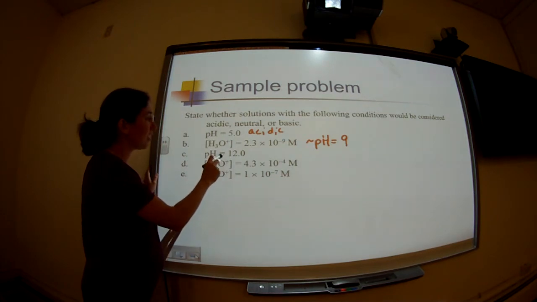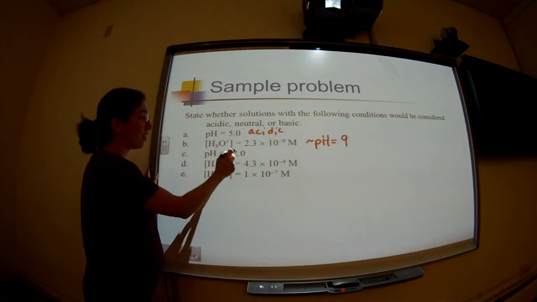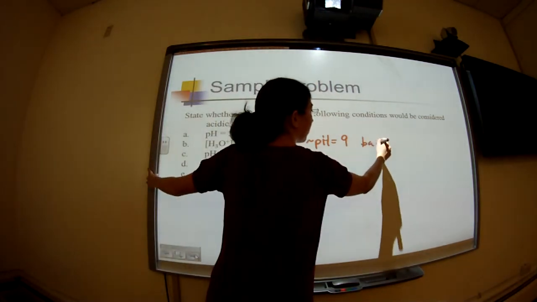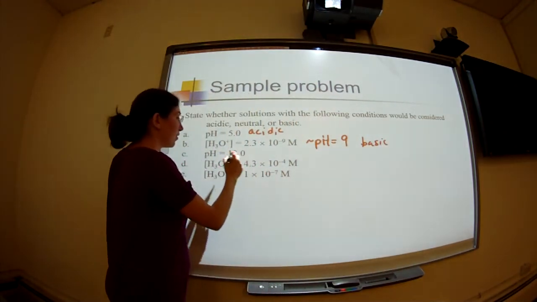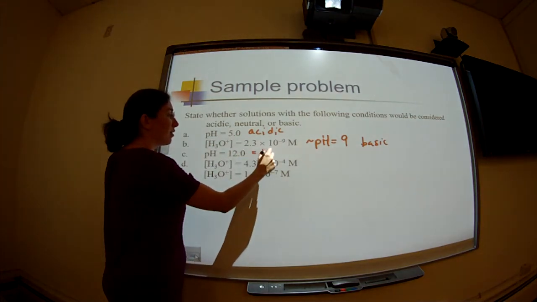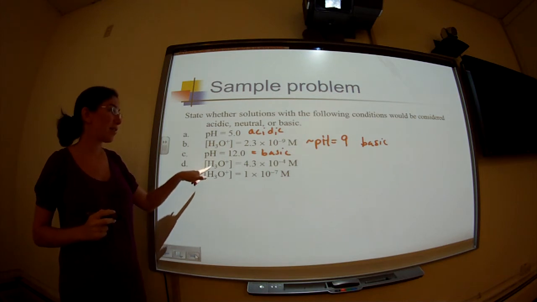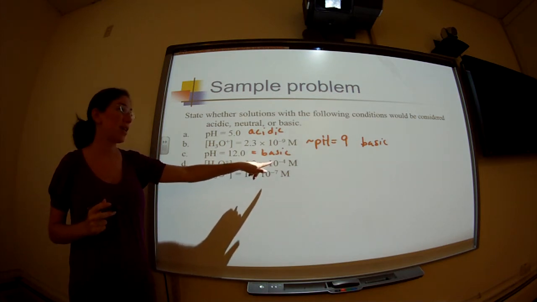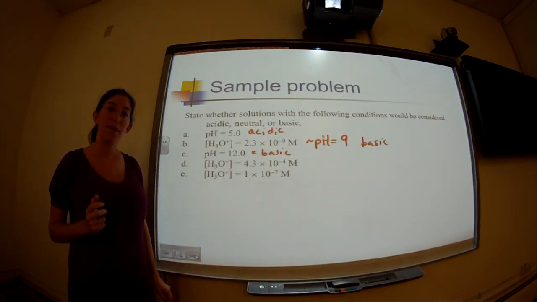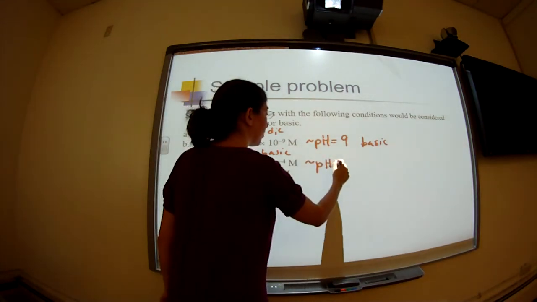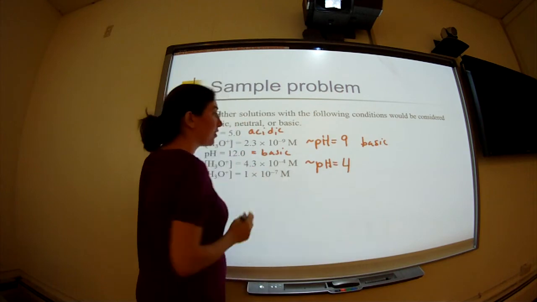The pH of 12 is acidic or basic? Oops, sorry, I meant to write basic. pH of 12 is basic. Okay. Hydronium ion concentration of 4.3 times 10 to the negative 4. The pH is going to be about 4. All right.